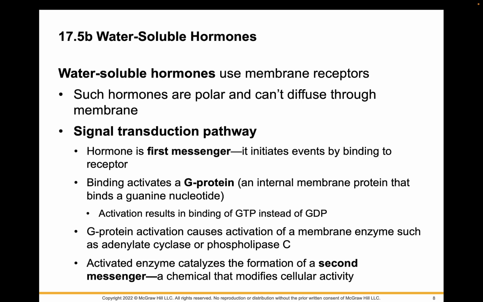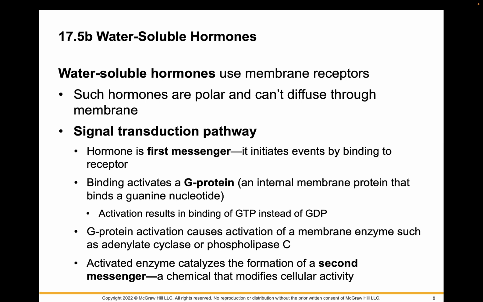Probably one of the most common mechanisms, or variation on a theme, as I'm going to refer to it, is the activation of a G protein. This is simply an internal membrane protein that's going to bind a guanine nucleotide, hence G protein. And what we'll focus on is the activation of this G protein.